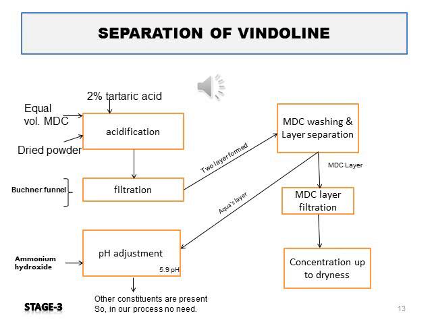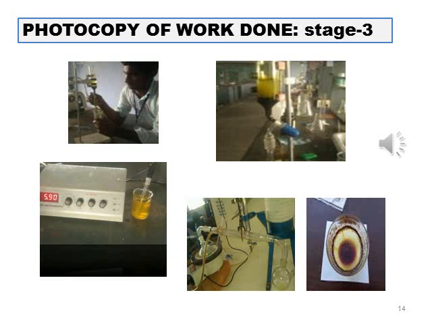The aqueous layer, which has other constituents like ajmalicine and vincristine, needed pH adjustment for preservation of the other constituents. Here ammonium hydroxide was the pH adjusting agent, and we adjusted up to pH 5.9.